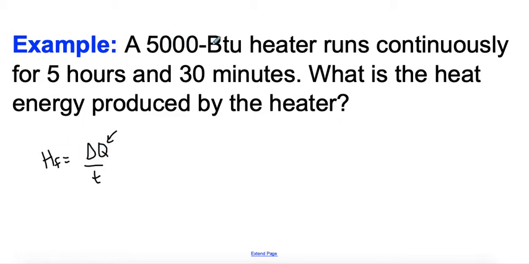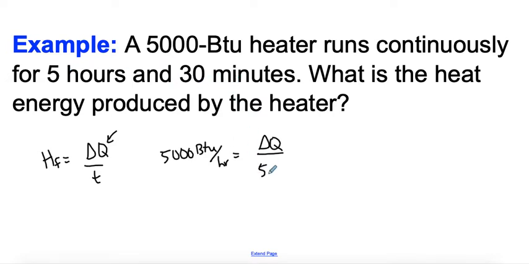So this right here, 5,000 BTU heater, that is the rating, which is how much it can go per hour. So we have 5,000, again, BTU per hour. We're trying to find that change. And then we have 5 hours and 30 minutes. So you're going to have to put this together into one time value.